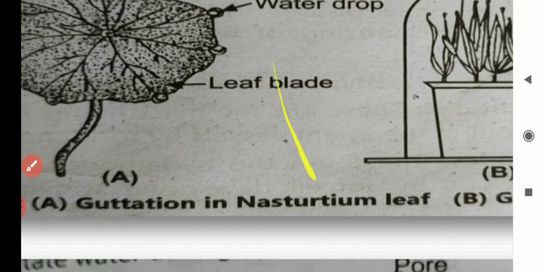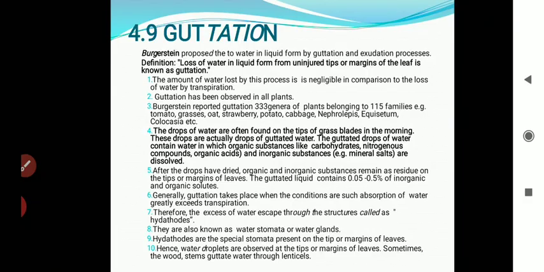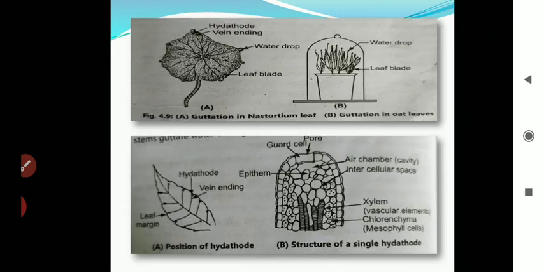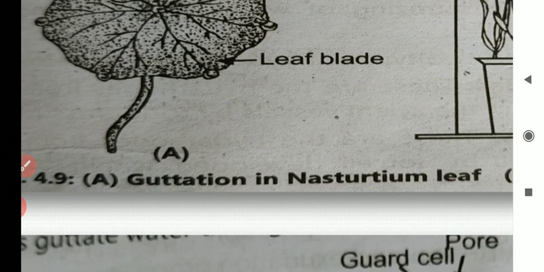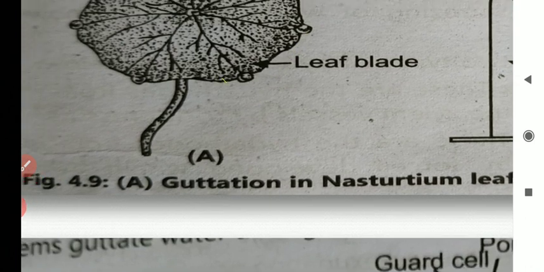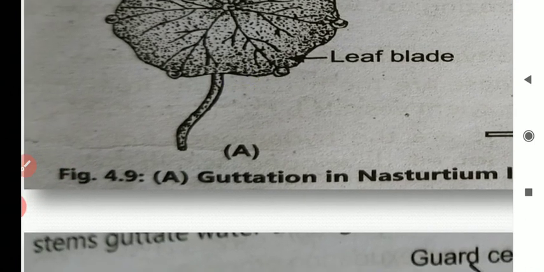So this is the apical region of each vein. There is one pore, or structure, called a hydathode. They are also known as water stomata or water glands.